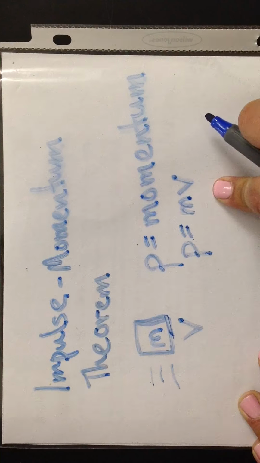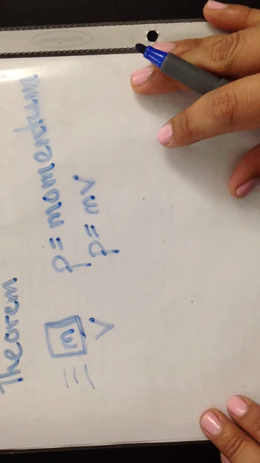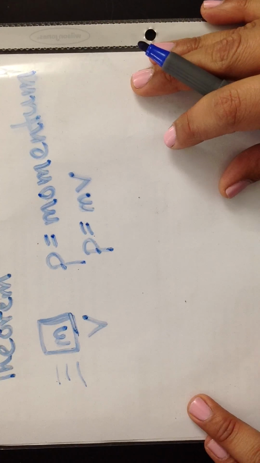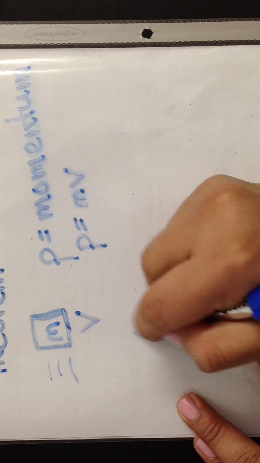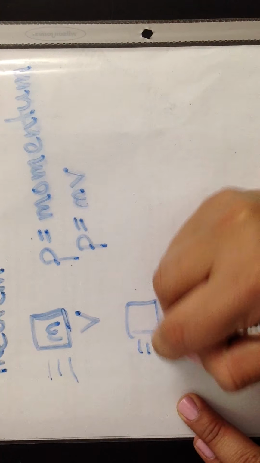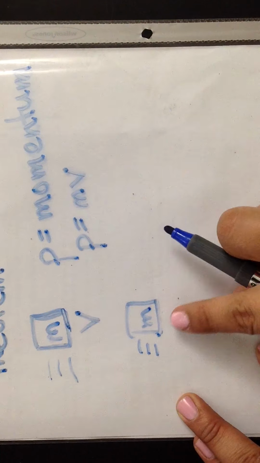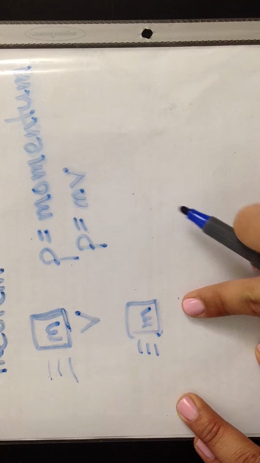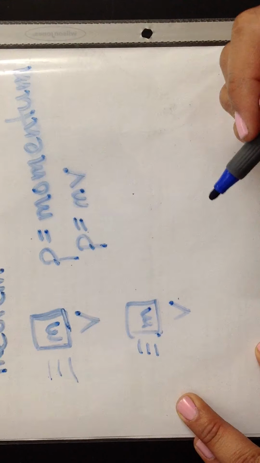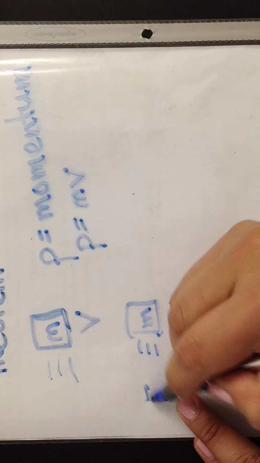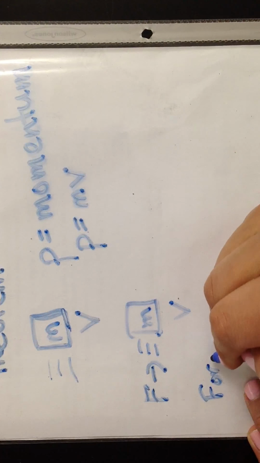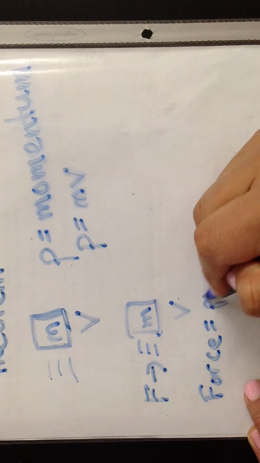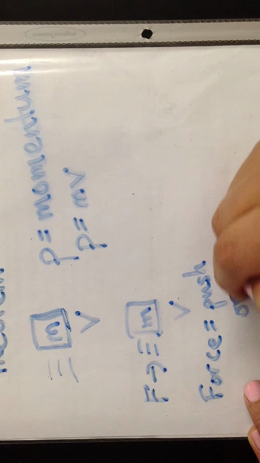Now, let's talk about what happens if you take an object that's already moving, like this guy. The mass hasn't changed because it's still the same object, and it's still moving. Now, let's say someone comes and applies some force to it. As a reminder, a force is a push or a pull.